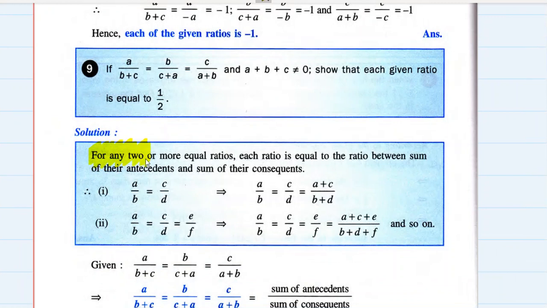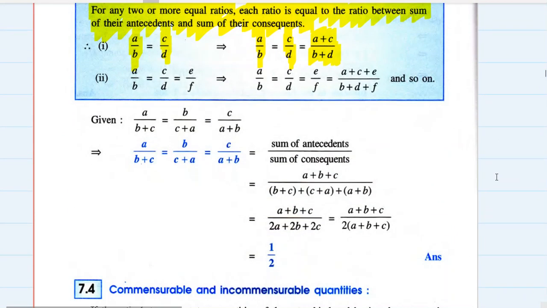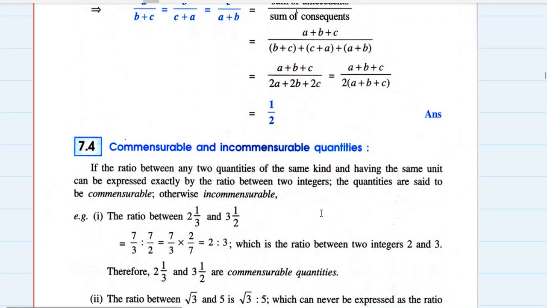For any two or more equal ratios, each ratio is equal to the ratio between the sum of their antecedents and the sum of their consequents. So if A by B is equal to C by D, then A by B is equal to C by D equals A plus C by B plus D, and so on. Okay, so that's how they have proved each ratio to be equal to 1 by 2.